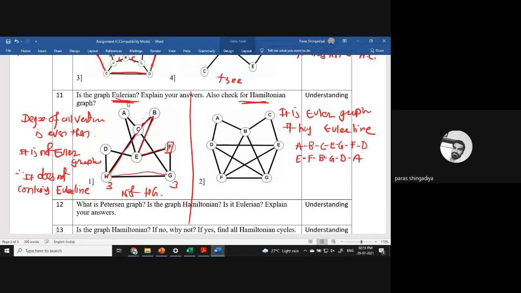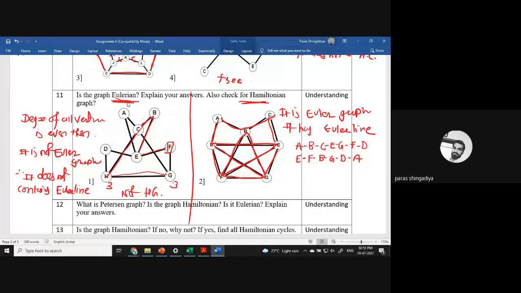Clear? That route you can follow. A, B, C, D, G, and after F, D. Now cover all the inside edges. Then after D, and then A. Clear? So that is the answer.